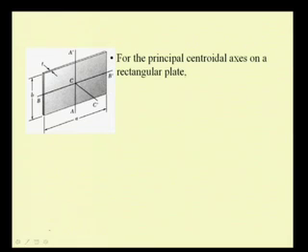So, for some examples, let us take first this rectangular plate. We have C, the centroid, and this centroidal frame A prime, B prime, C prime.